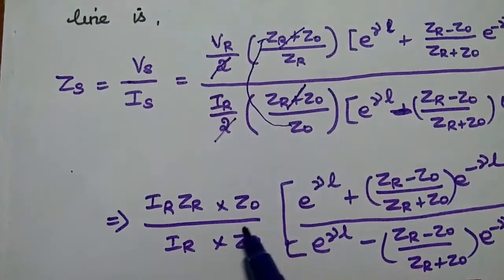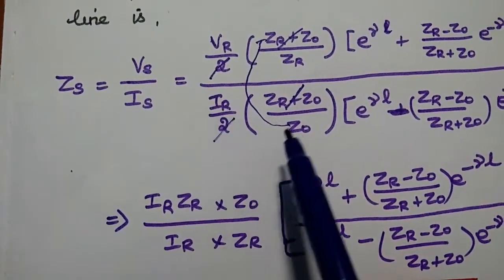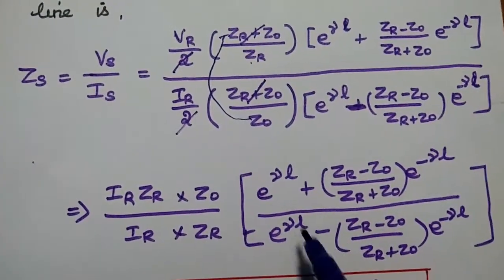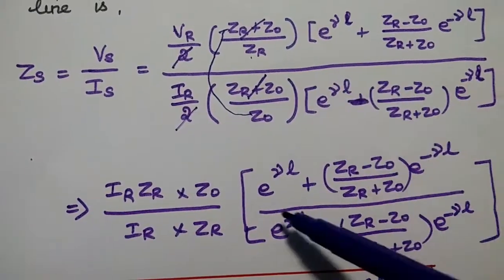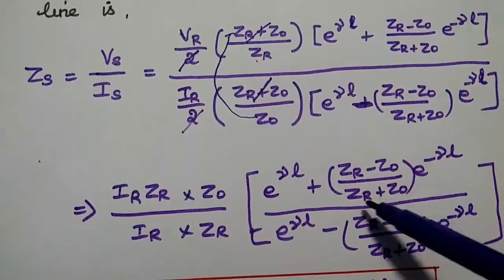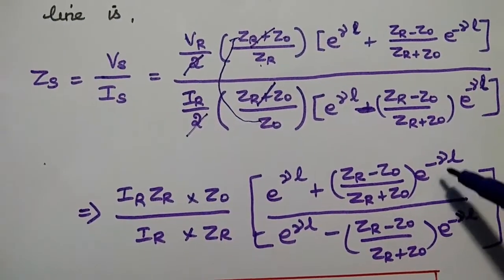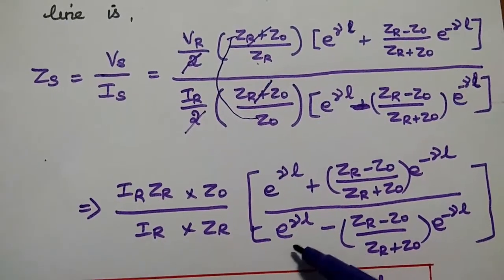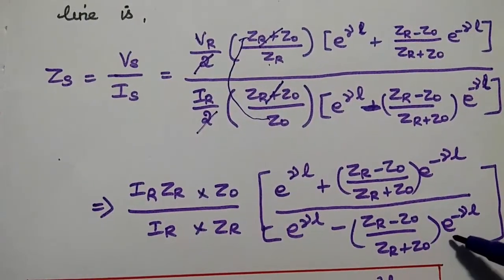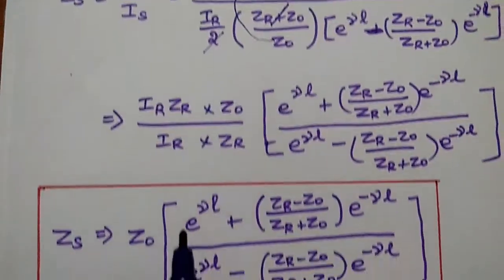So here Z0 divided by this IR multiplied with this ZR. Okay. So within the bracket we can take these values: e power gamma L plus (ZR minus Z0)/(ZR plus Z0) e power minus gamma L, divided by e power gamma L minus (ZR minus Z0)/(ZR plus Z0) e power minus gamma L. Okay.